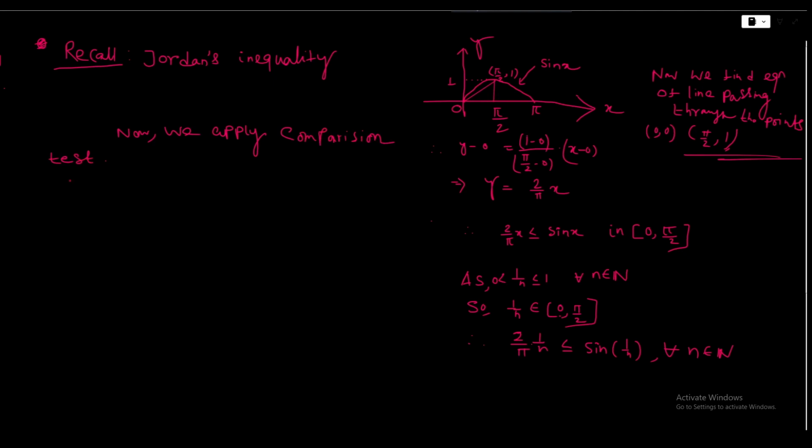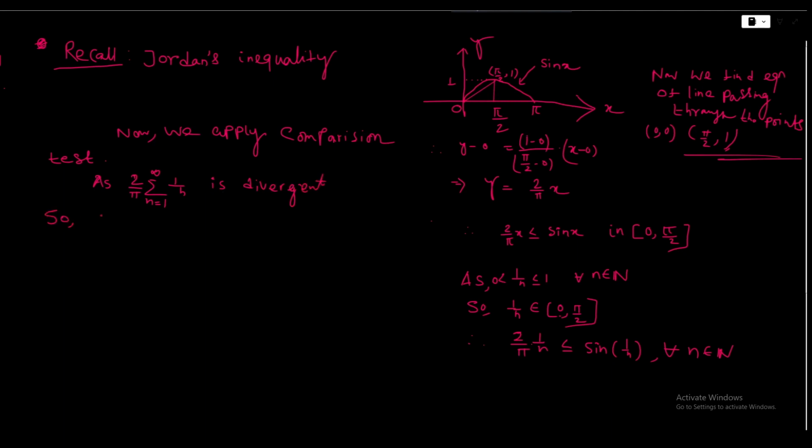So also as 2/pi times series of n equals to 1 to infinity summation 1/n is divergent, as by p test series of 1/n is divergent.